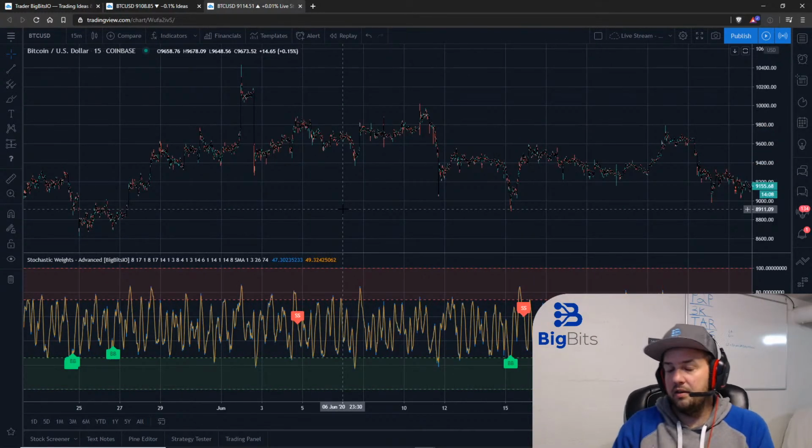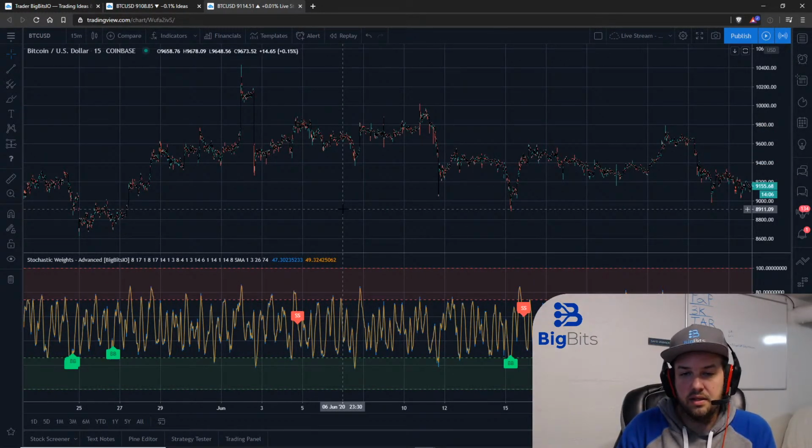But the way I've done it to find the divergences is in a way that it won't repaint, so that once it throws that signal, as long as that candle closes that particular way, it's not going to repaint. So when you do a strategy, it won't throw the signal again on the next bar.